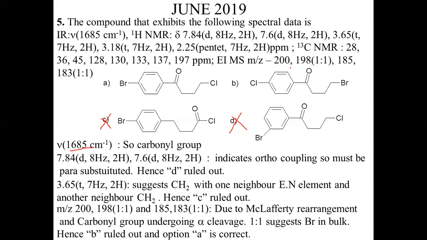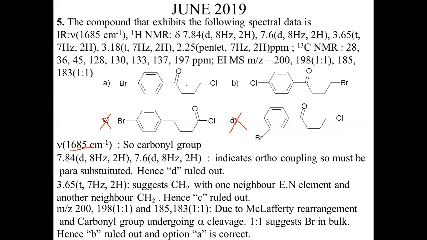If you look at the mass spectrum, here you have something 1:1, so the fragment contains bromine. Since we know the relative abundance of bromine 79 and 81 is 1:1, that will be possible only when you have bromine attached to the phenyl.